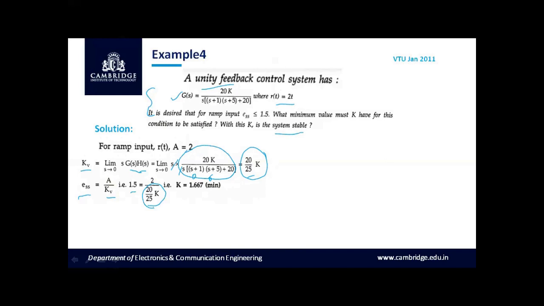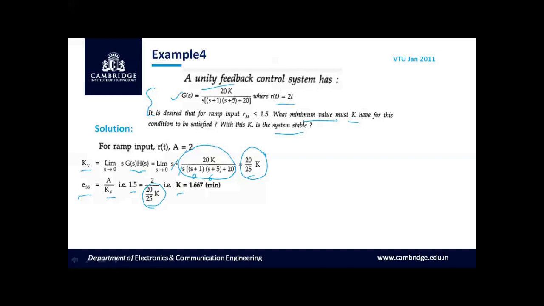From this equality, I can simplify further and find out the value of k, which is 1.667, and I can take it as a minimum value as ESS less than or equal to 1.5. Hence, I have found the minimum value for k, which is satisfying the condition that the steady state error is less than or equal to 1.5.